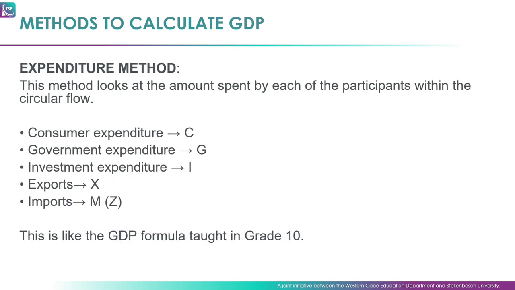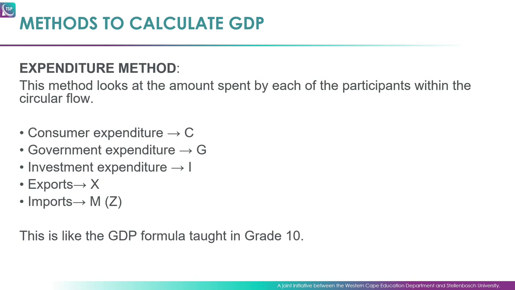And then the last method, which is the letter E, for the expenditure method. This method looks at the amount spent by each of the participants within the circular flow. Remember, this section of work is linked to the circular flow which you did in grade 10.